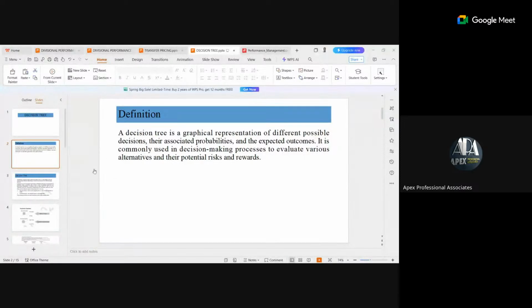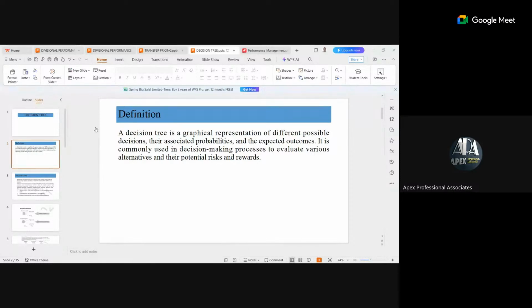For example, the choice facing an organization can be either to invest in a project or not to invest in a project. So there will be a point for you to make a decision, and there will be various possible outcomes that will emanate from the decision you are making.